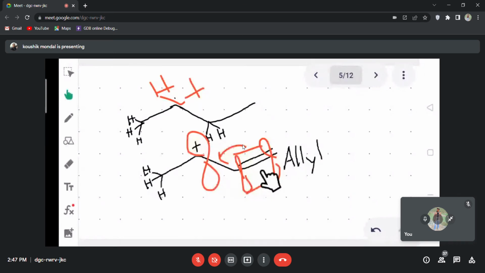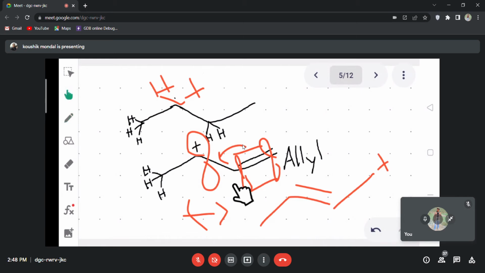So if it reacts, this form can be written like this, meaning this pi bond has come to this position.